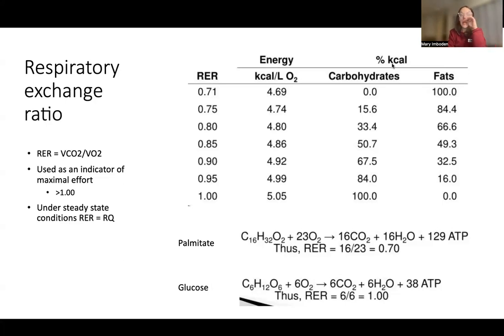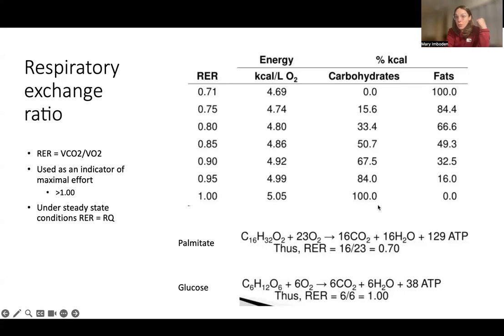And so a RER of 0.71 is going to indicate that you're primarily, as you can see in this table, 100% here, using fat as your fuel source. And that's really normal. Low intensity exercise, we rely on fat. High intensity exercise, where we're getting close to our maximal effort, RER 1.0, we now are relying predominantly on carbohydrates.